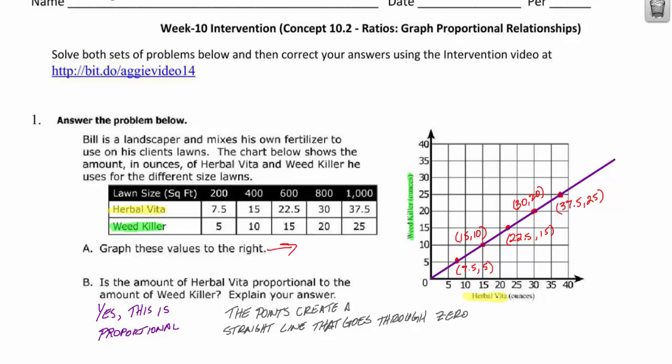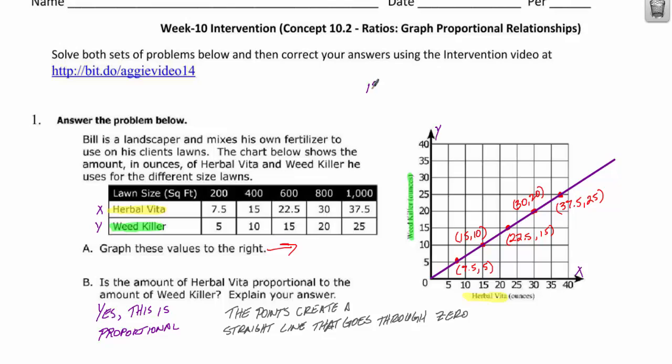The other way that you can tell is if we do the ratio of all of these, they all have the same ratio. We've been doing a lot of these. We divide the y by the x. In this case, the weed killer is the y and the herbal vita is the x.